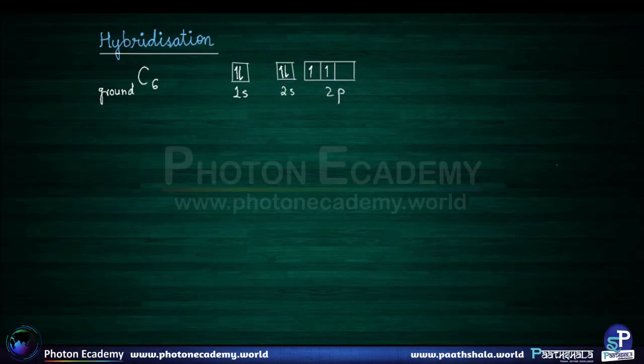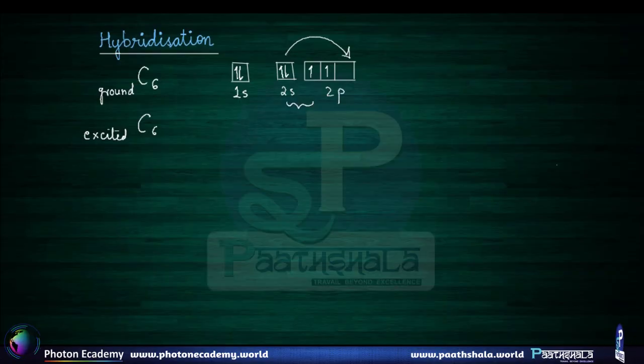Now let's see its excited state. What exactly happens in the excited state is, because of the small energy gap between 2s and 2p orbitals, one electron jumps from the s orbital to the p orbital, and the energy is compensated by the energy released in bond making.